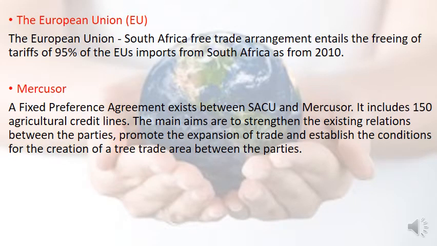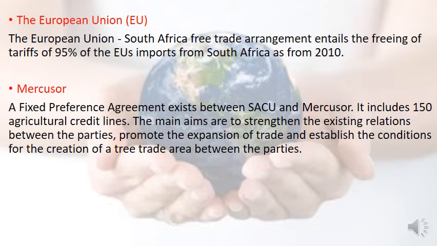The European Union, we have a free trade agreement with, and 95% of the EU imports from South Africa are free of tariffs. And then we also have Mercosur, a fixed preference agreement. So 150 agricultural credit lines are included, and that means that there's free trade with those.